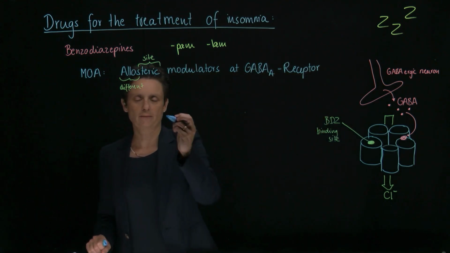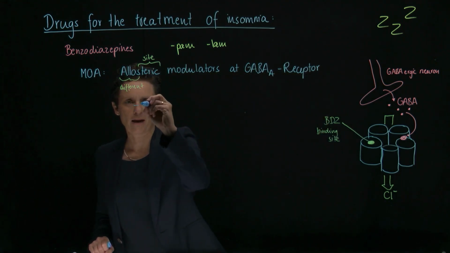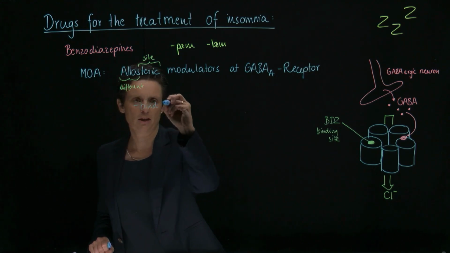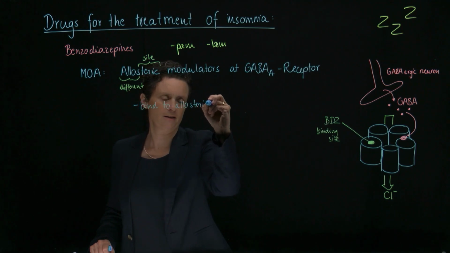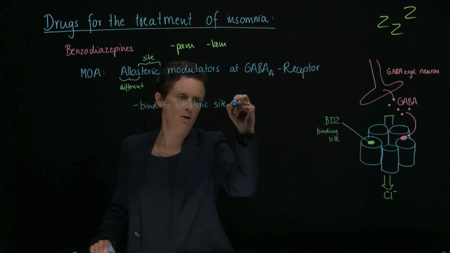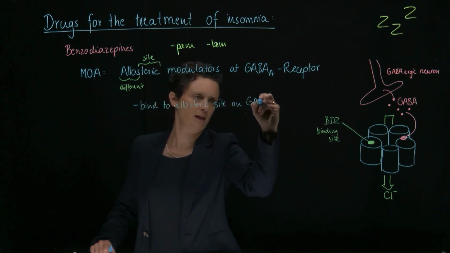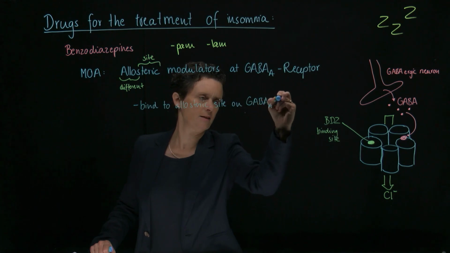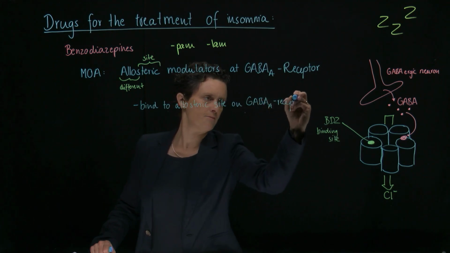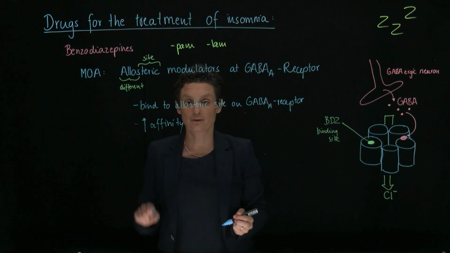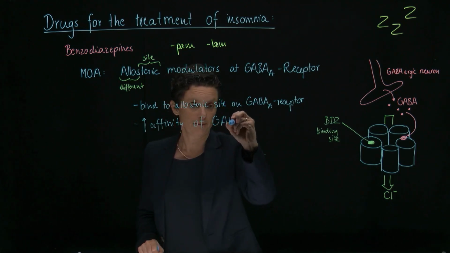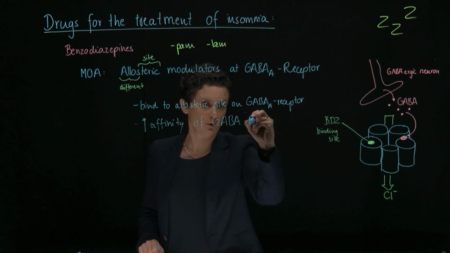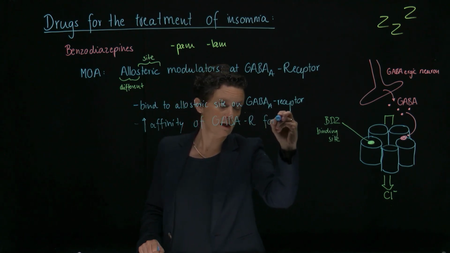So if you want to just summarize what happens step by step: they bind to an allosteric site, a different site on the GABA A receptor, so that's their target. This increases the affinity of the GABA receptor for GABA.